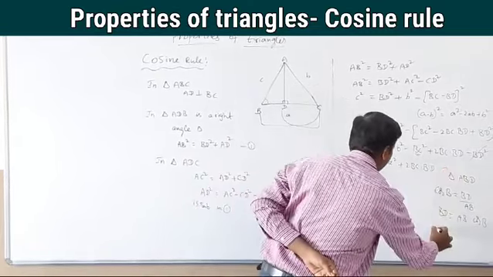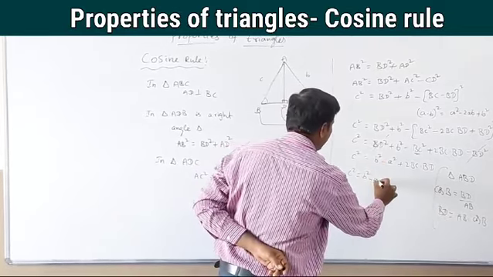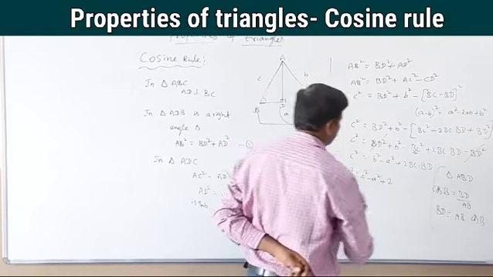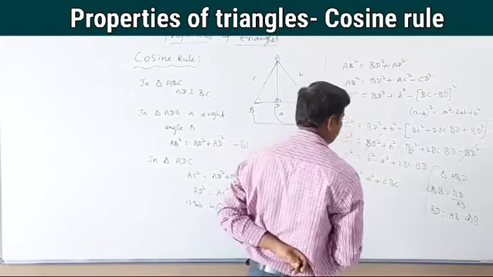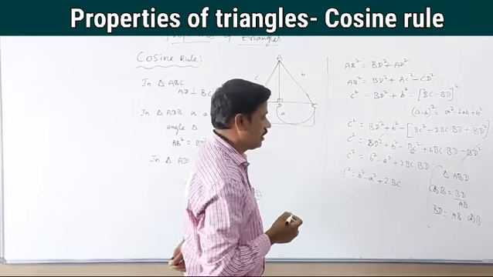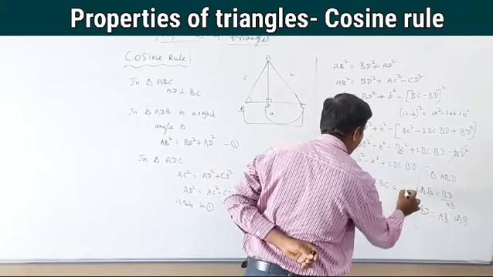Now substitute: c square equal to b square minus a square plus 2 into BC into BD, where BD can be written as AB into cos B, and BC is small a.